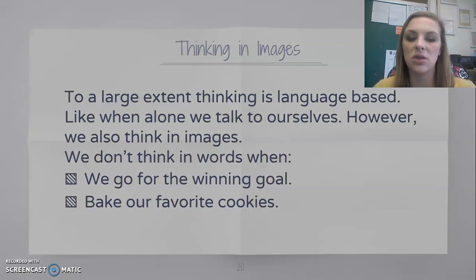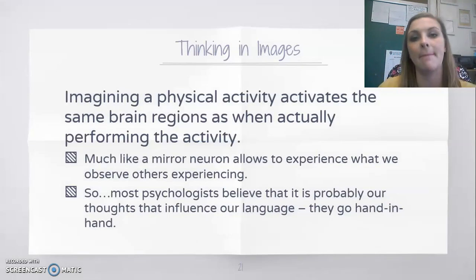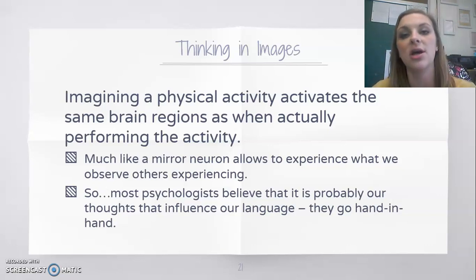So this tells us that imagining physical activities activates the same brain regions as when we actually perform the activity, much like a mirror neuron, right? So that tells us that our thoughts influence our language. So most psychologists believe that neither one came first, right? Our thinking influences our language, and our language influences our thinking.